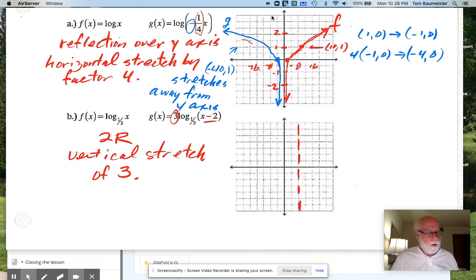And then remember our regular one, if we think about it, it's going to be here at 1 and 0. And then we're going to be at 1, 2, 3, and -1. And up here it would have been 1 and 3. So again, we're going to have our f look like this one.